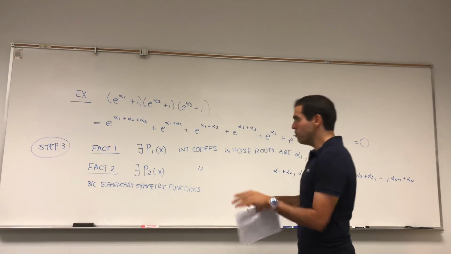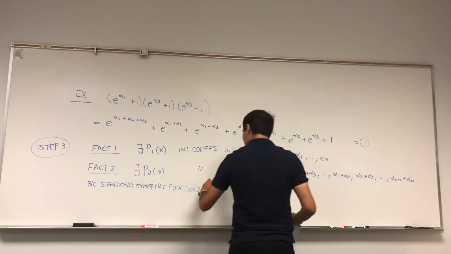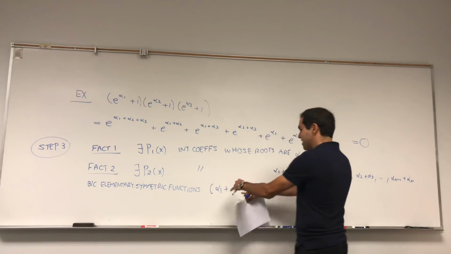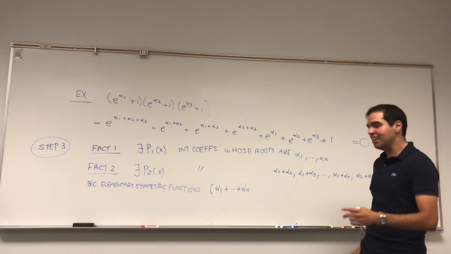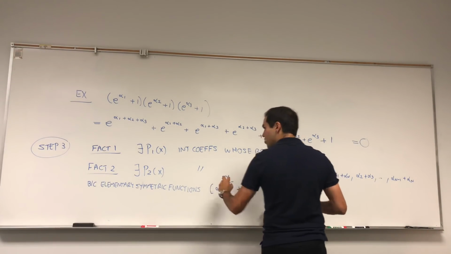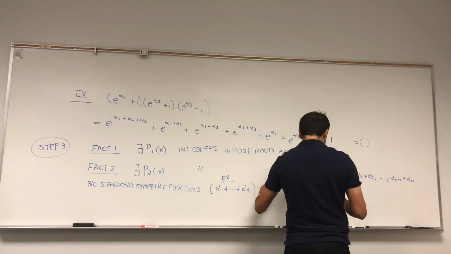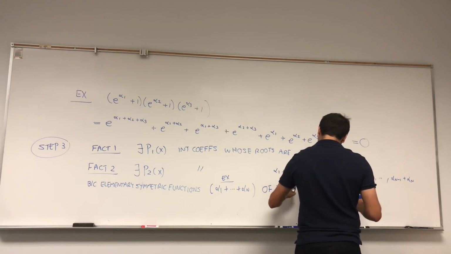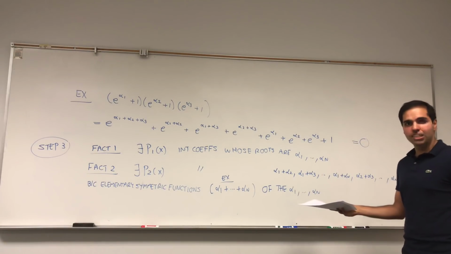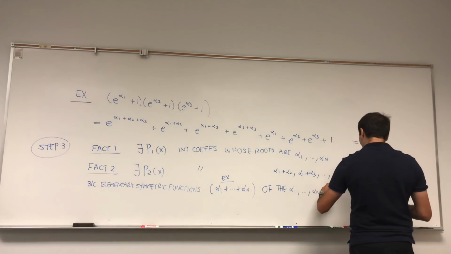Elementary symmetric functions are basically terms that are symmetric in the alpha i's, something like the sum of all of them. If you just interchange a couple of the alpha i's, it's okay. So it turns out elementary symmetric functions of the alpha i's, alpha 1 up to alpha n, by some fact in commutative algebra, those symmetric functions are rational.